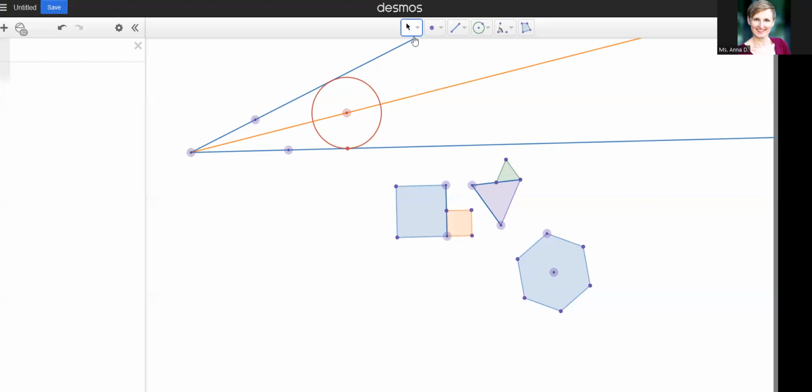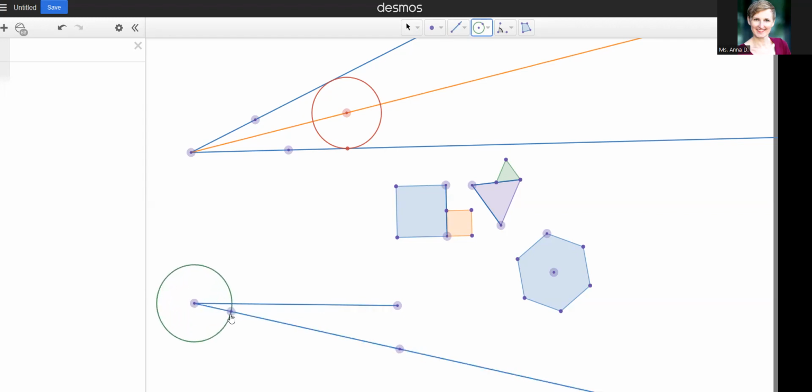And the last thing was cutting a segment into many pieces, basically as many as you want. So this is the segment, and say we want to cut it in 7 pieces. So we draw an auxiliary ray and we create 7 circles.